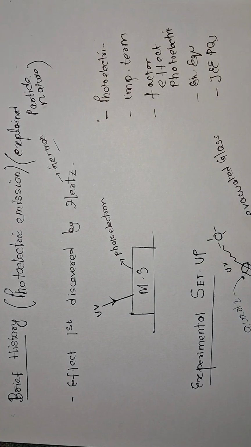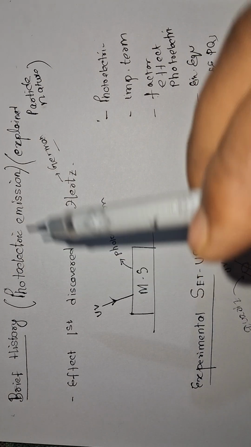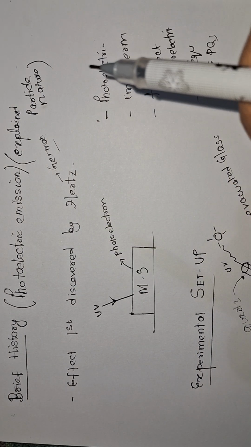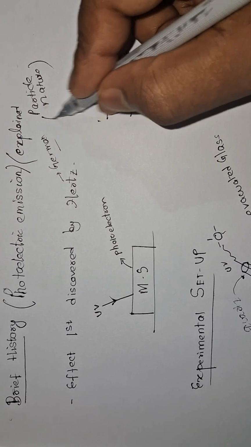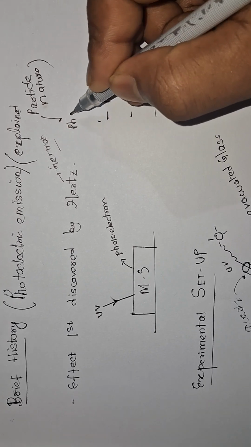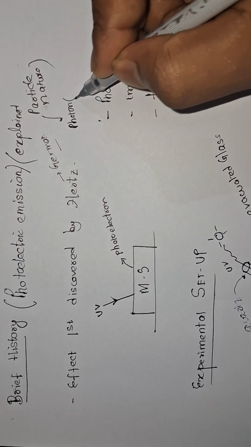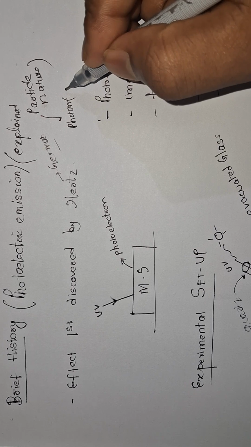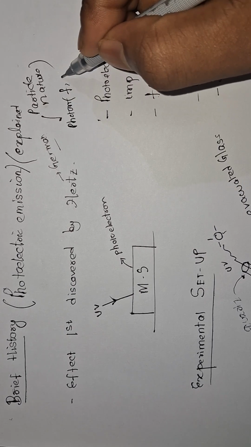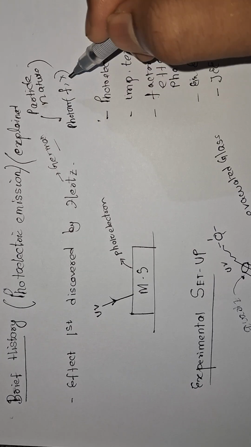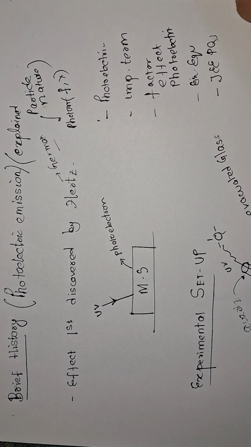Remember, initially people used to think that light was made up of waves, but this photoelectric emission proved that light is made up of tiny particles. We call them photons, and these photons have energy. Each photon has a particular frequency, a particular wavelength. Fine. Okay, so this was all his setup of Hertz.